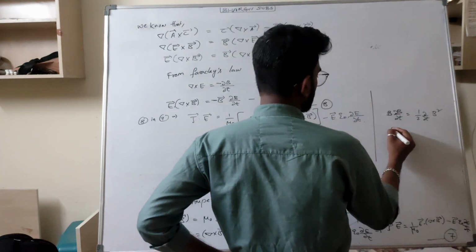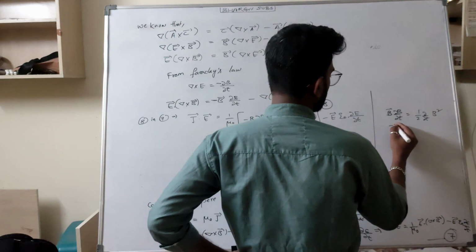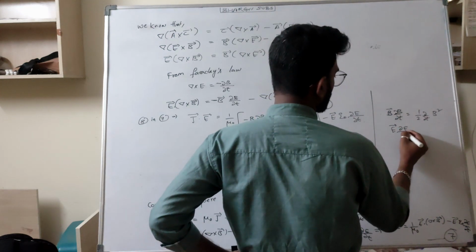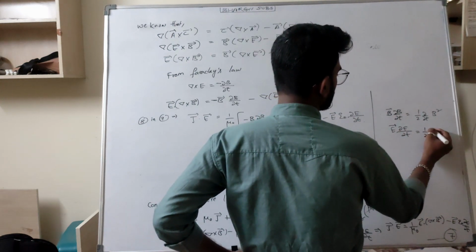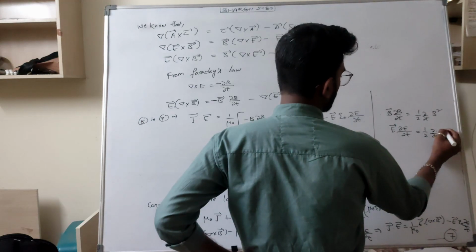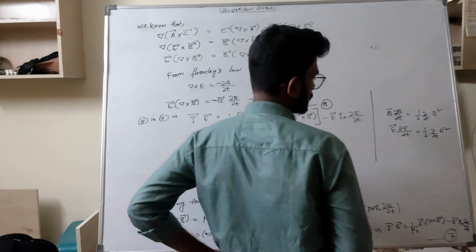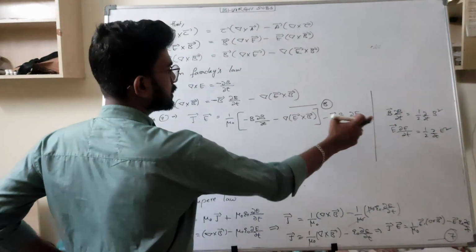Similarly, E ∂E/∂t can be written as half ∂/∂t of E square, correct. So I will substitute here and here those values.